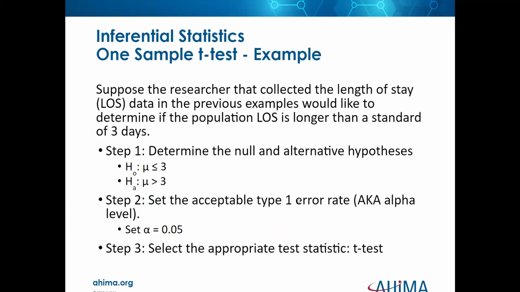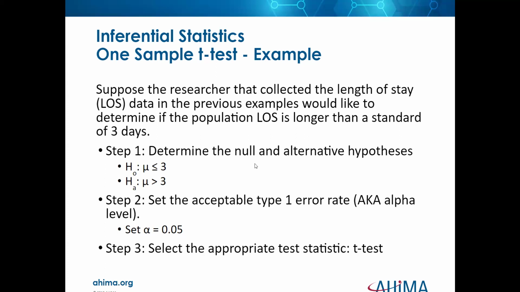And if we have length of stay variables and we want to determine if the population length of stay is longer than a standard, we would determine the null and the alternative hypothesis, which is that it is less than or equal to, or greater than. And then two, we want to set what's an acceptable type 1 error, the alpha level, which is 0.05.